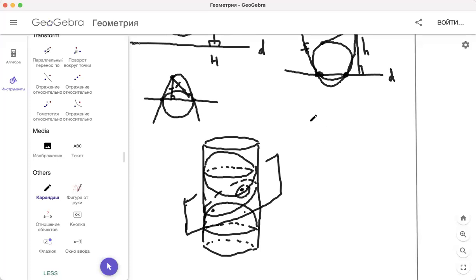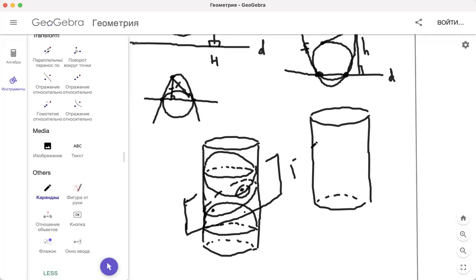Okay, maybe I can draw it again. So here we have this sphere inscribed in a cylinder, and consider these points.